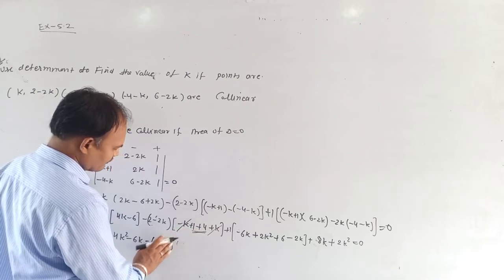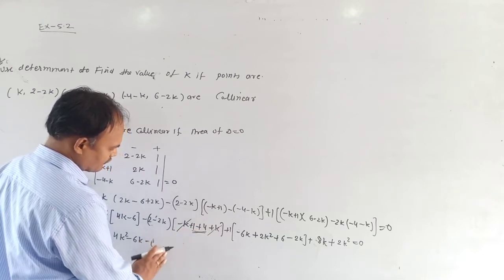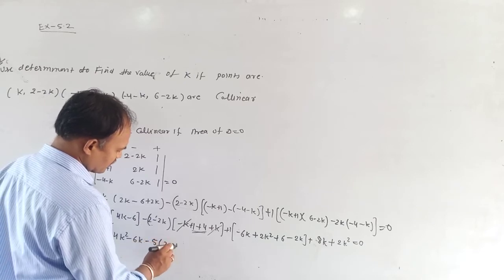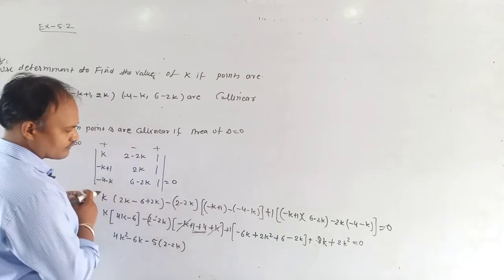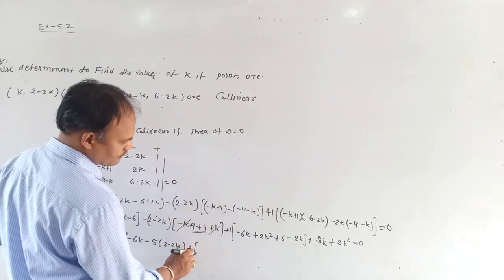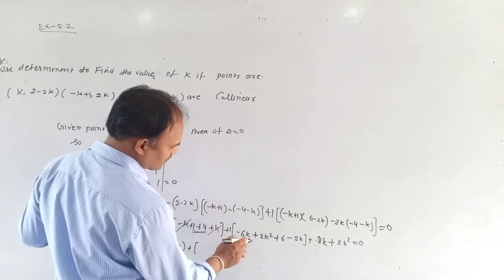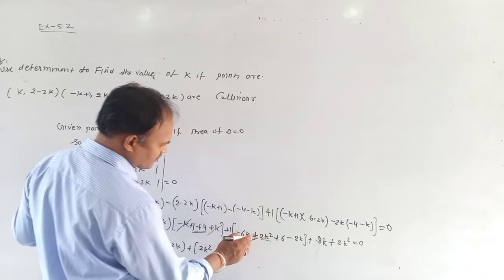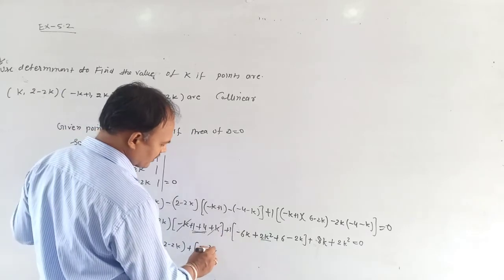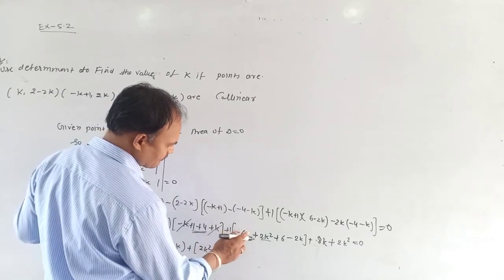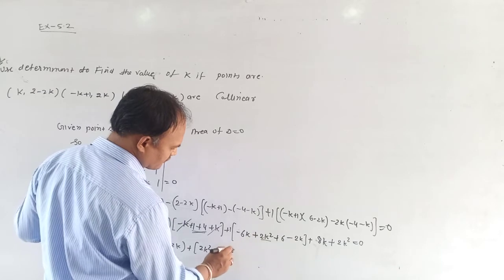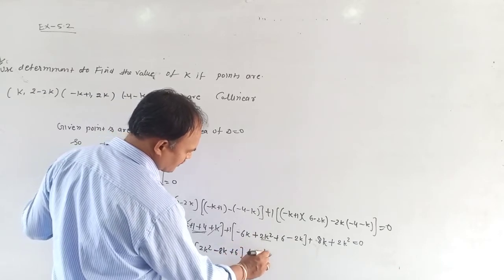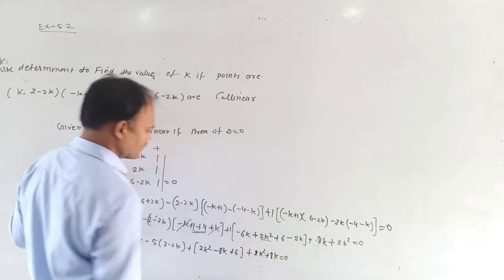So we can write here 5 into 2 minus 2k, plus, it is a minus 6, it is a 2k square, it is a minus 6k, and minus 2k minus 8k, and it is a 6 plus 2k square plus 8k equal 0.